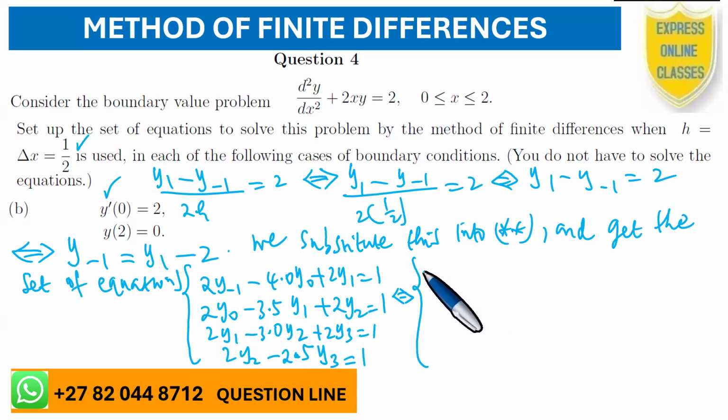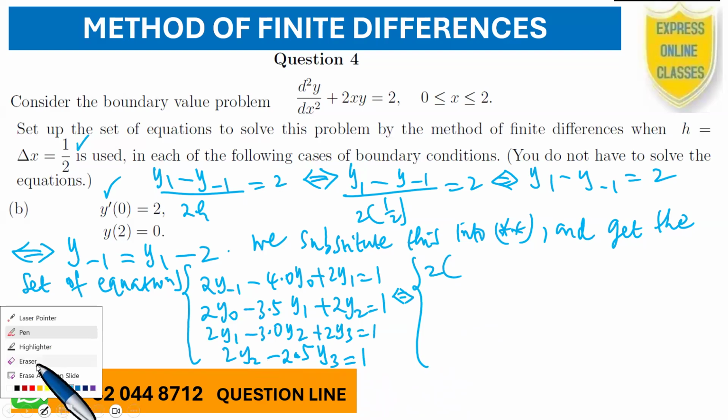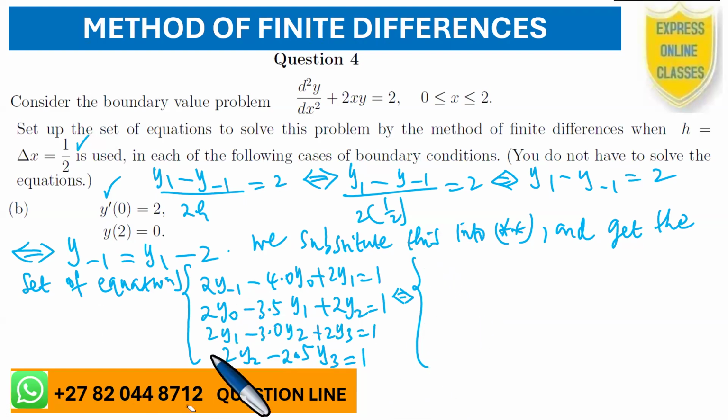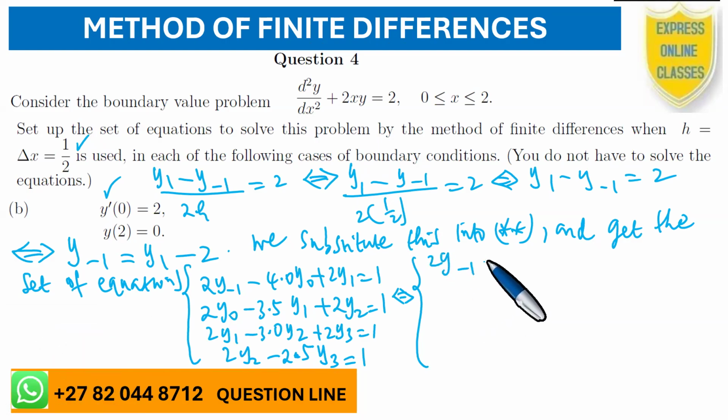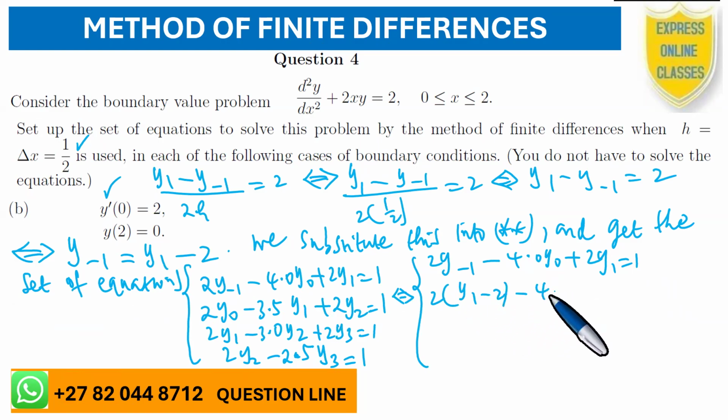Okay, we can write a little bit more, writing out this equation first and then doing algebraic manipulations: 2y-1 minus 4.0 y0 plus 2y1 equals 1. And then we substitute what y subscript -1 is, y1 minus 2. So we're going to put here y1 minus 2 minus 4.0 y0 plus 2y1 equals 1.